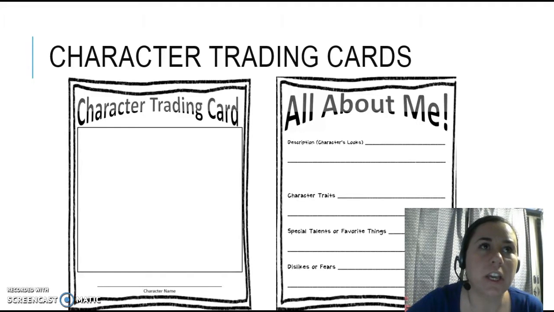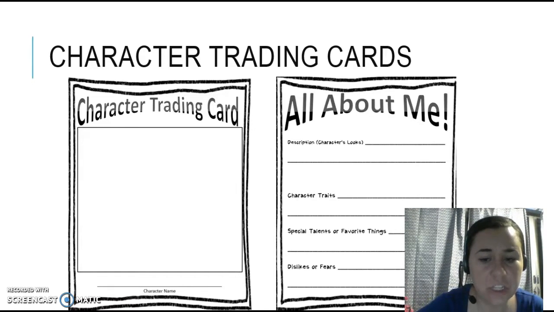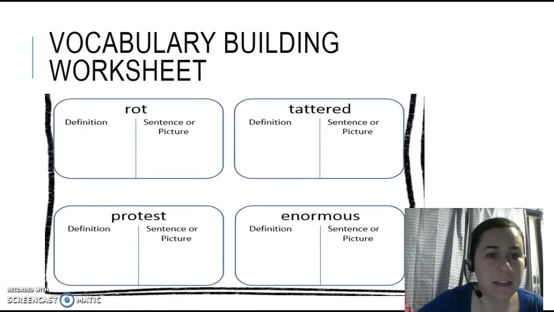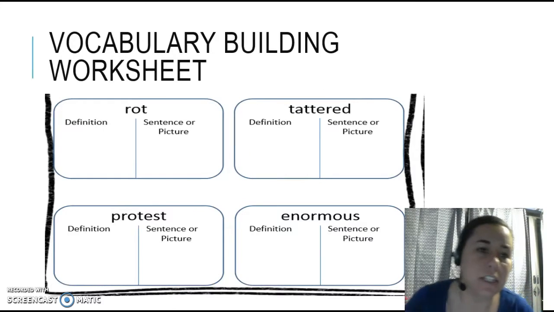Again, just really working on using details and facts to support ideas and comprehension skills. This is what we did a couple weeks ago. Students really liked it.